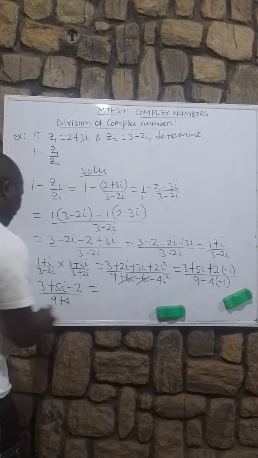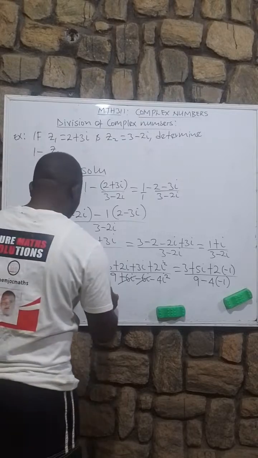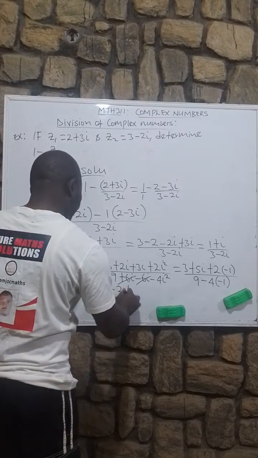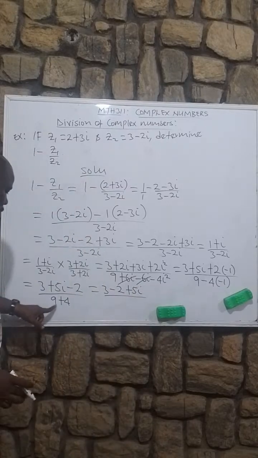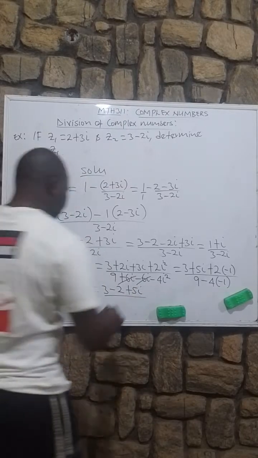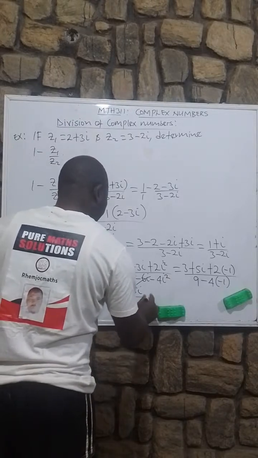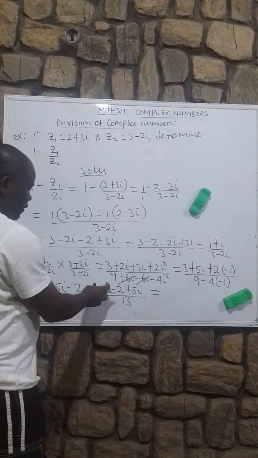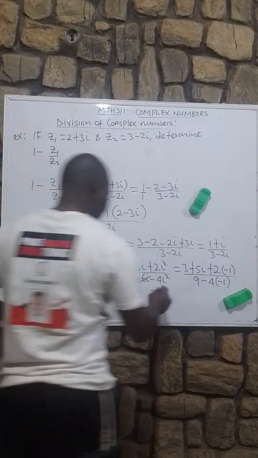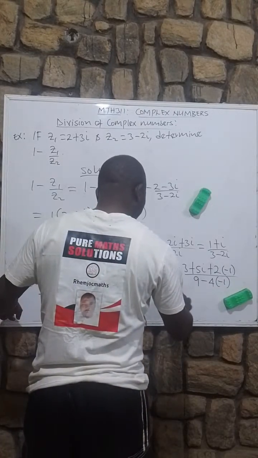So you can now see that we collect like terms, 3 minus 2 plus 5i all over 9 plus 4 is 13, right? Then this is equals to 3 minus 2, 1. So 1 plus 5i all over 13.